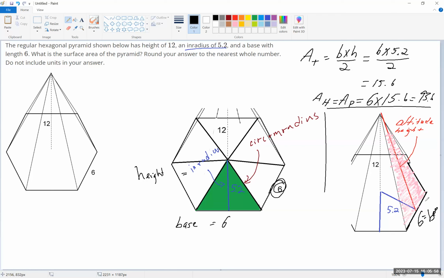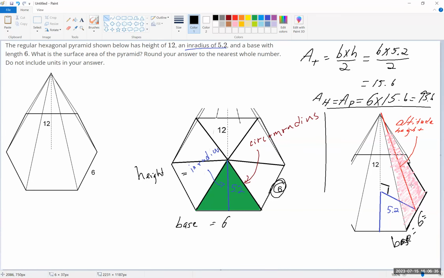Base. Let me see if I can draw that a little better. Maybe on the other side. So that's my base. Okay. And base times height is going to give me the area of that pink triangle. But I need to use the Pythagorean theorem because it turns out that this is a right triangle right there.